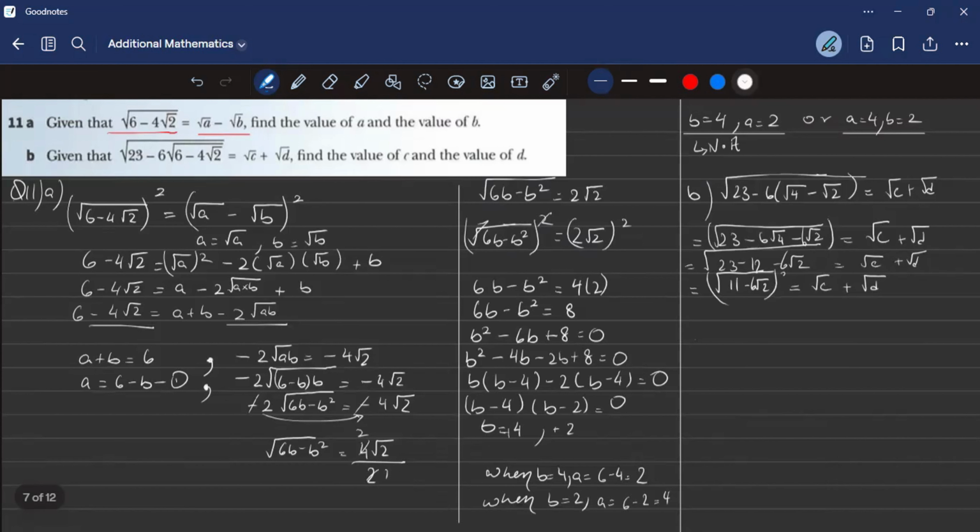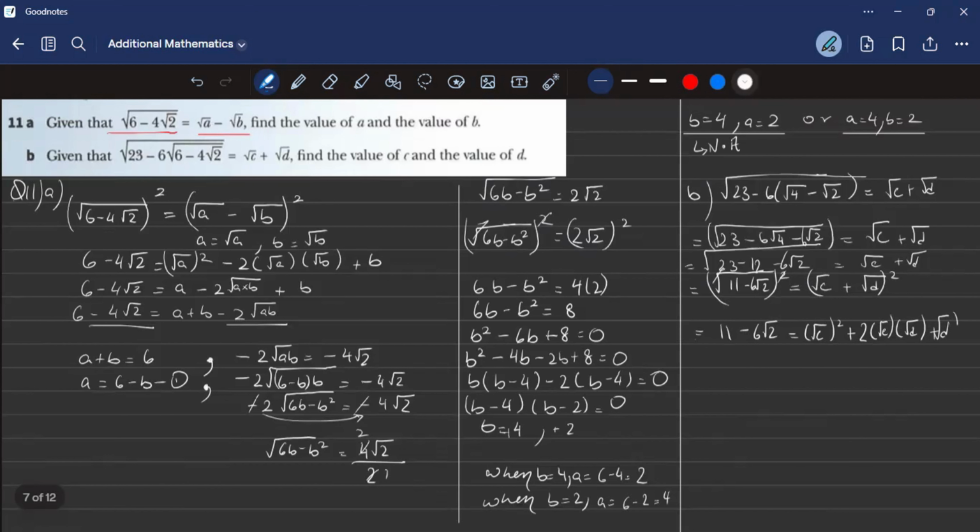So now we are going to square on both sides. We get this as 11 minus 6 under root 2 because the under root is cancelled by the square. So 11 minus 6 under root 2 equals under root c squared plus 2 multiplied by under root c multiplied by under root d plus under root d squared, which is d.